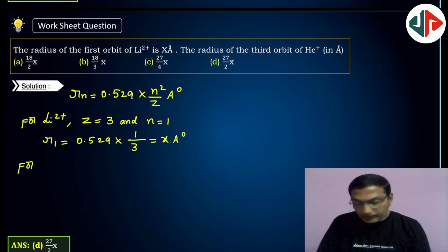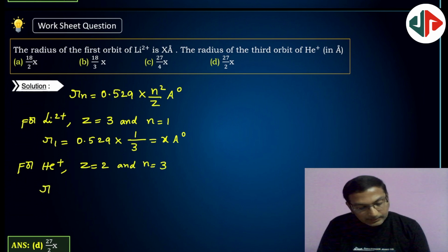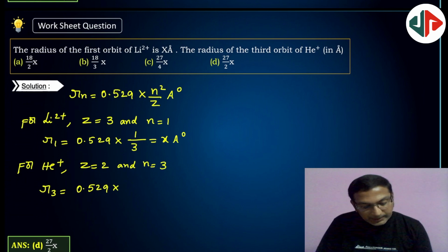Next for He+, Z equal to 2 and the third orbit is given, n equal to 3: atomic number 2 and orbit number 3. So for R3, it is 0.529 into n square, that is 3 square, by Z value 2.